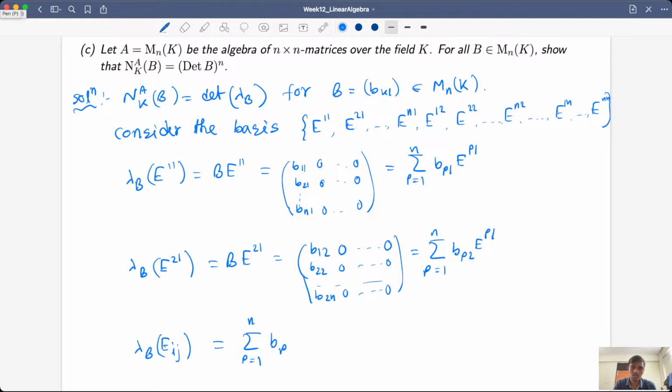Because the 1 1 entry is 1 2, the 2 1 entry is 2 2, and so on, right? So this is missing something.